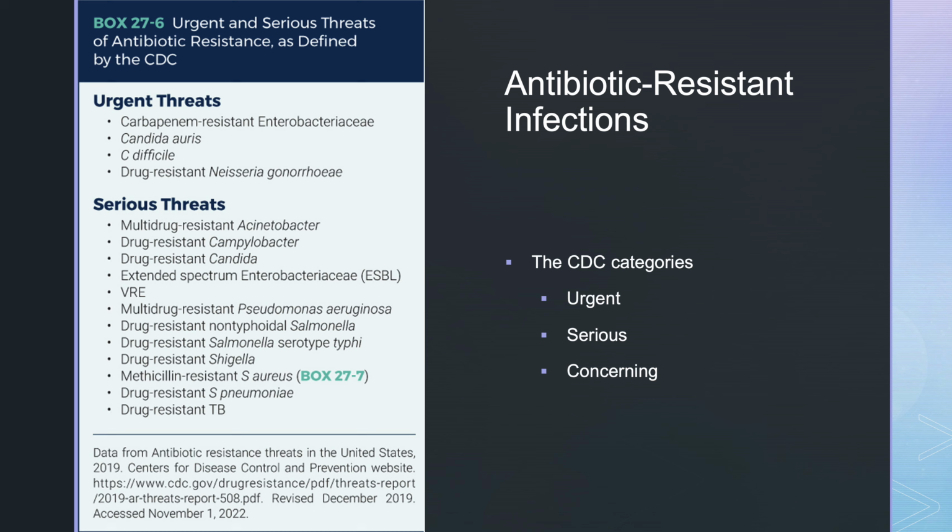Under serious threats, you've probably heard of VRE, vancomycin-resistant bacteria, and then your methicillin-resistant Staph aureus. Your MRSA has been out there for quite a while, but there are a number of urgent threats and serious threats under the CDC categorization.